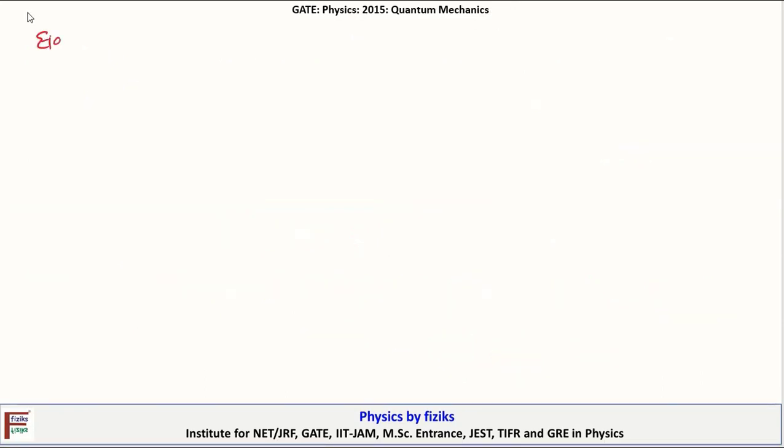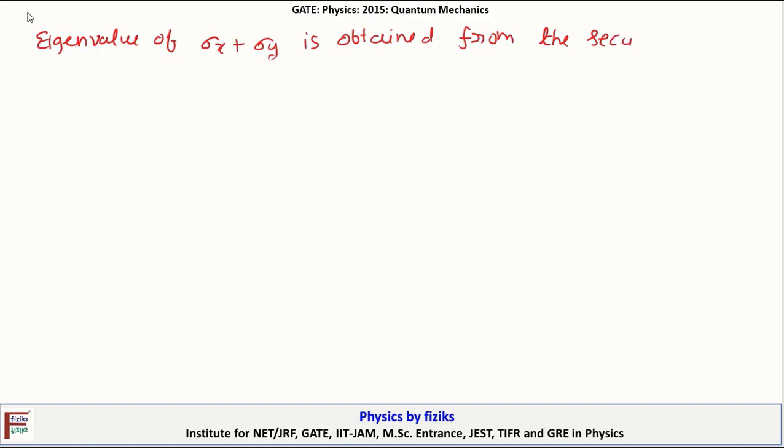The eigenvalue of sigma x plus sigma y is obtained from the secular equation.